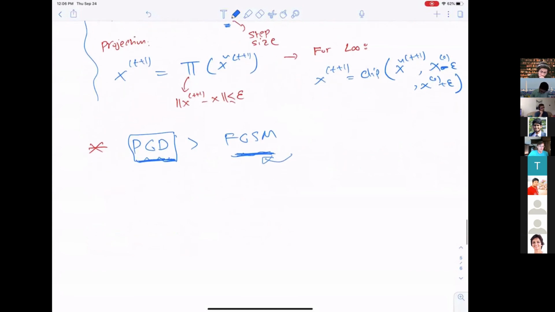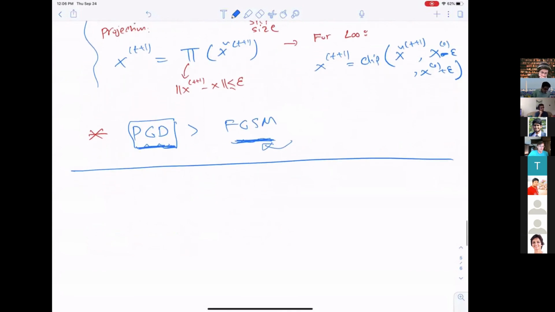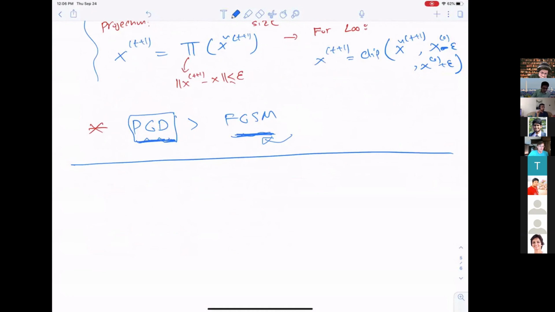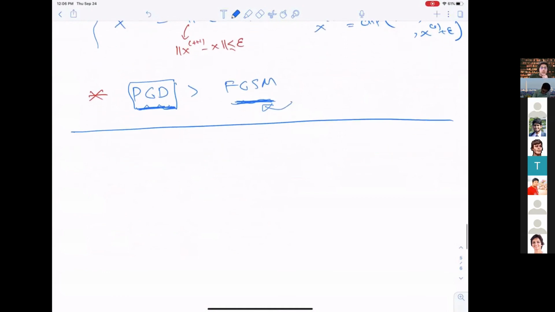All right, so far, in the attack problem, we assume the budget is given. The attack budget is fixed. So that's the assumption that we have. We are saying, okay, I give you this budget epsilon, go find me an adversarial example.